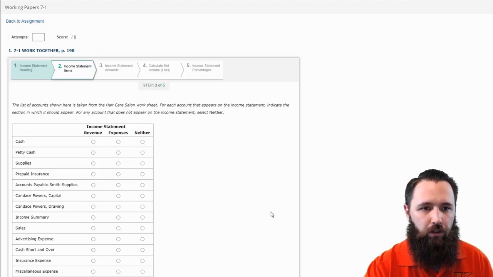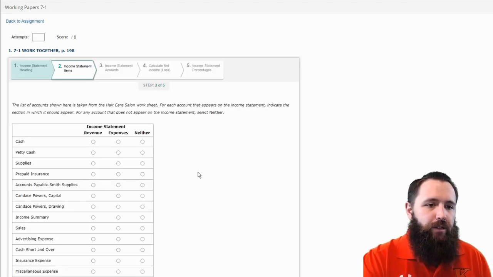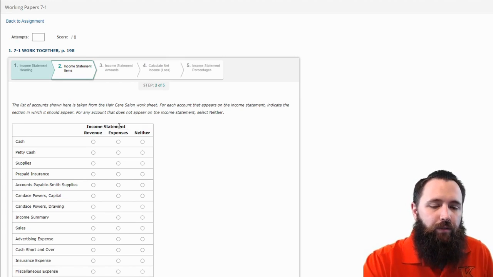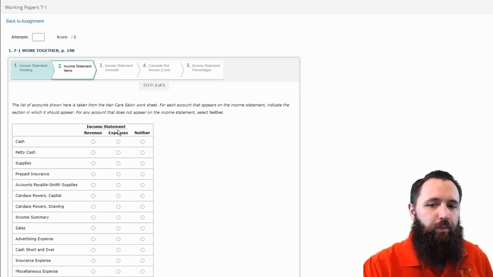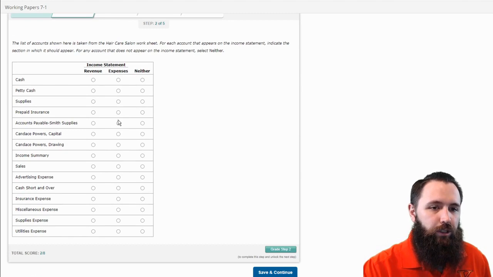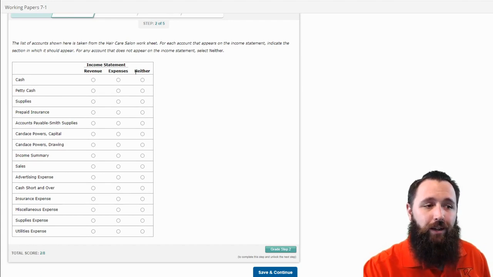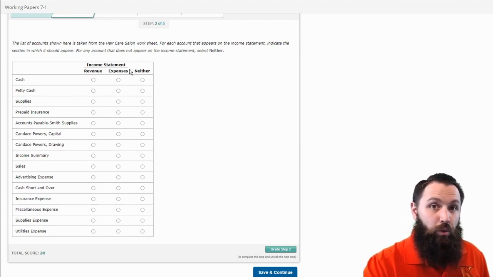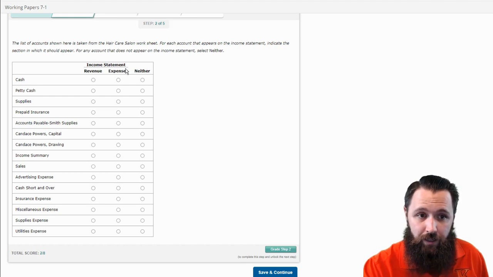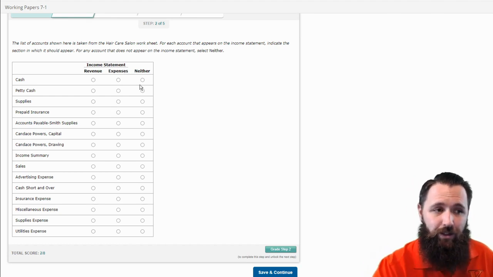Good to go. All right, so now it says the list of accounts shown here is taken from the Hair Care Salon worksheet. For each account that appears on the income statement, indicate the section in which it should appear. For any account that does not appear on the income statement, select neither. So remember, income statement is revenues and expenses. That is it, okay? That's all.